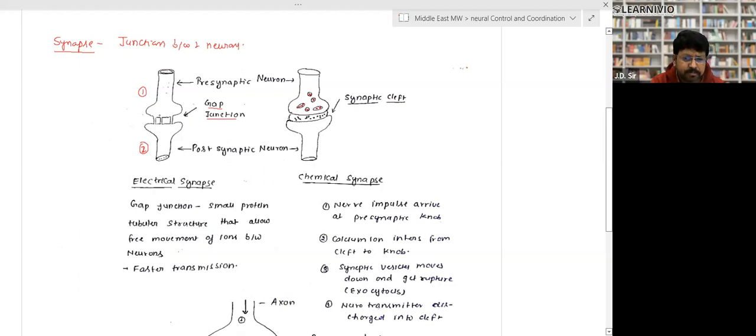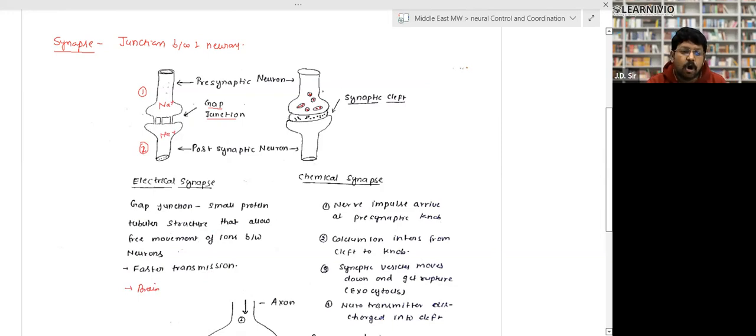So directly the ions transfer from one neuron to another. This is the faster transmission, and these are basically found in our brain where faster transmission is required. So this is the first kind of synapse. Clear?